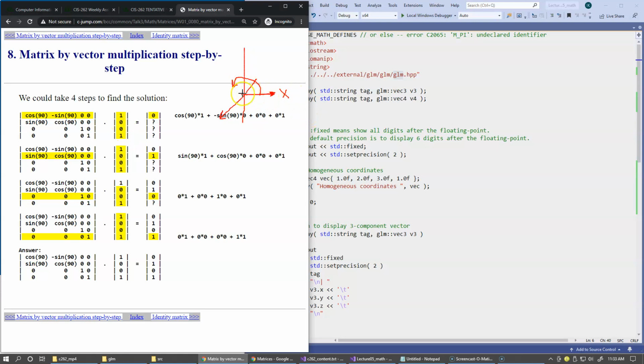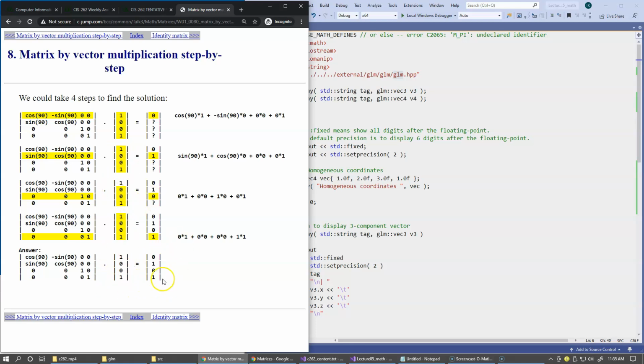Of course, a 90 degree rotation should give us a normal vector in the direction of the y axis. If you do the necessary computations, cosine of 90 degrees is 0 and sine of 90 degrees is 1. So we apply the sine and cosine values and continue multiplying every row in the matrix by the column specified by our vector, filling in individual outcomes.